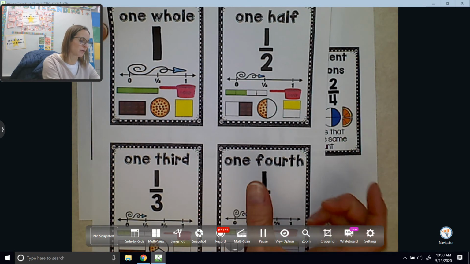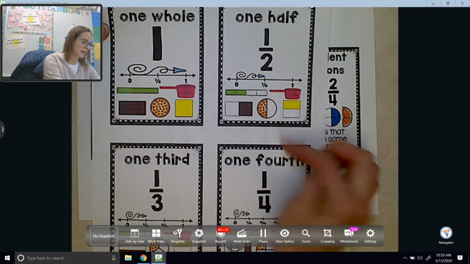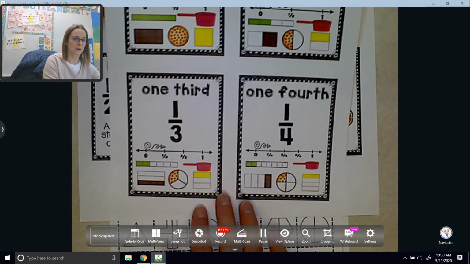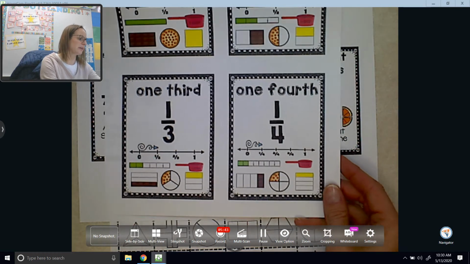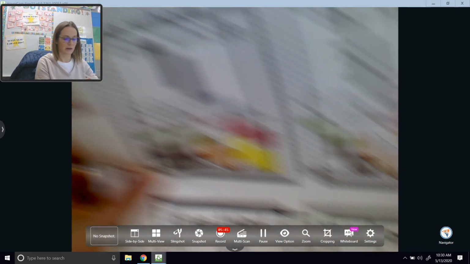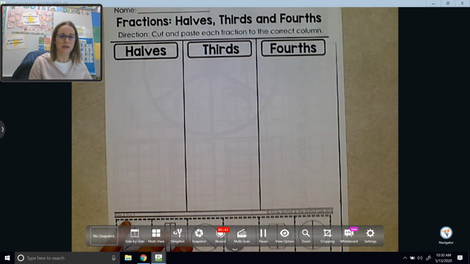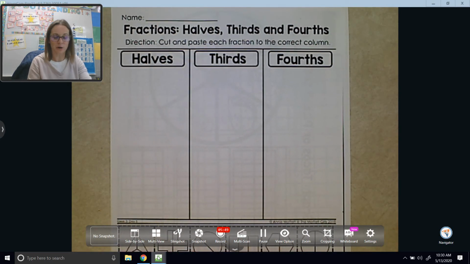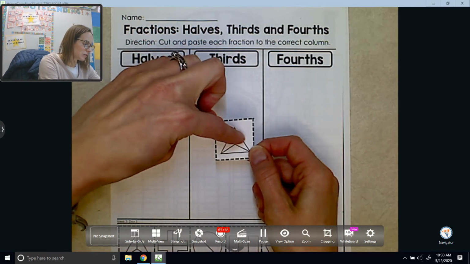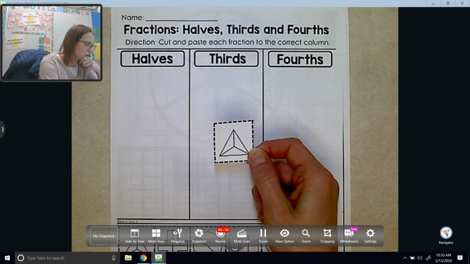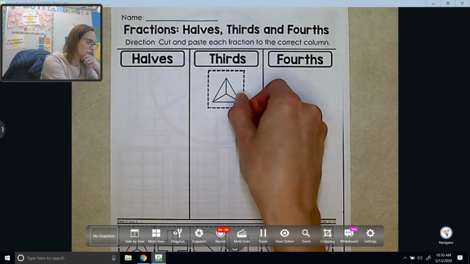So you take your whole and you divide it in half. 1/2, 1/3, 1/4. On this paper we're looking at halves, thirds, and fourths. I'm going to cut apart my pieces and take a look at the first one. The first one is divided into 1, 2, 3. 3 would be thirds.